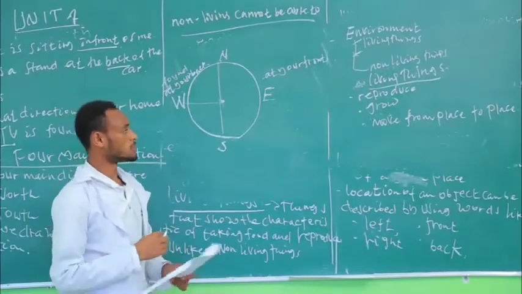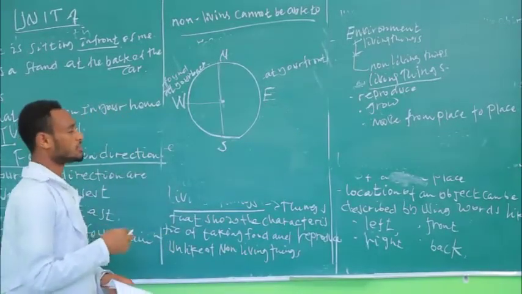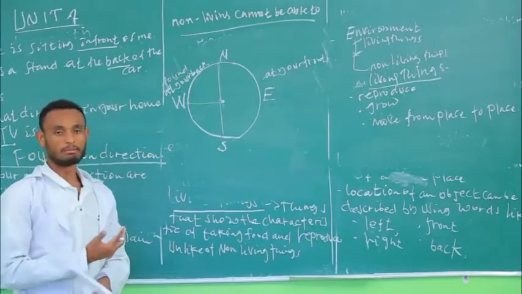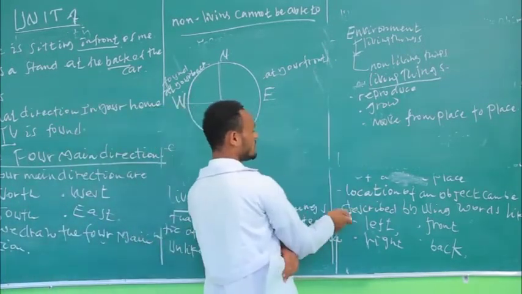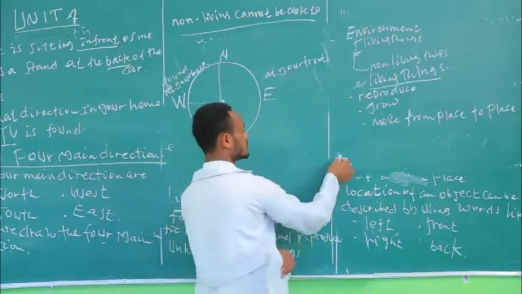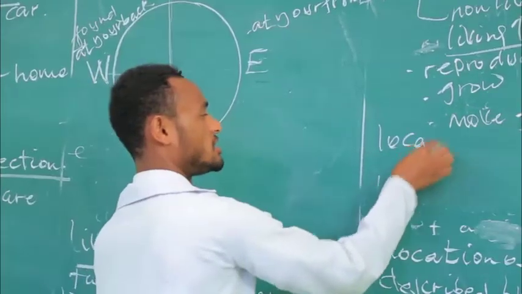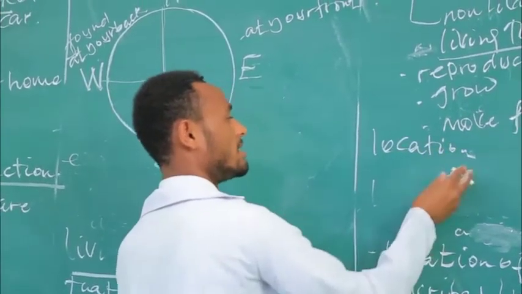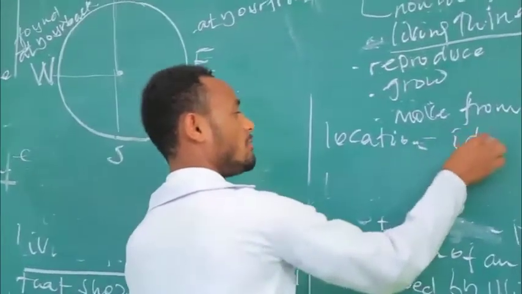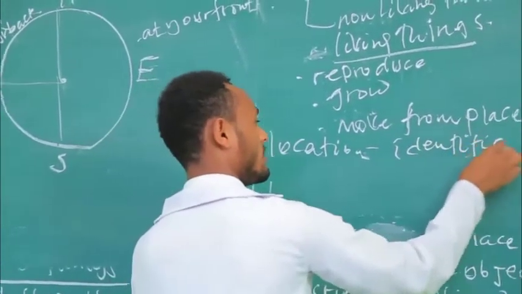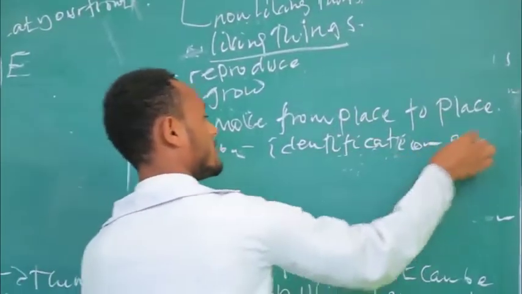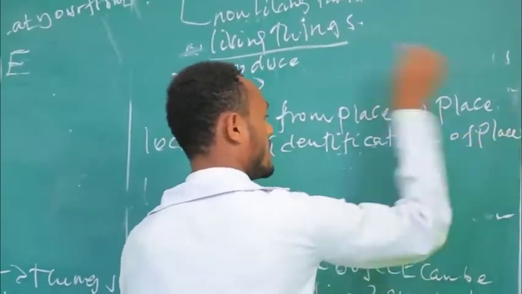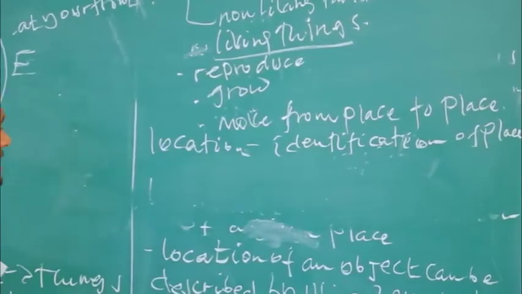We have also seen about direction and what we mean by location. Location is the identification of places.